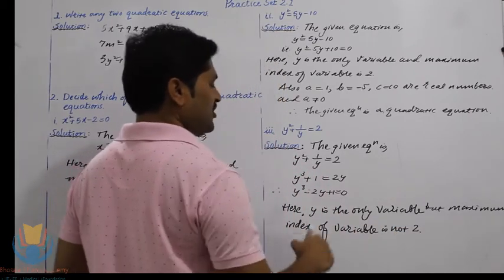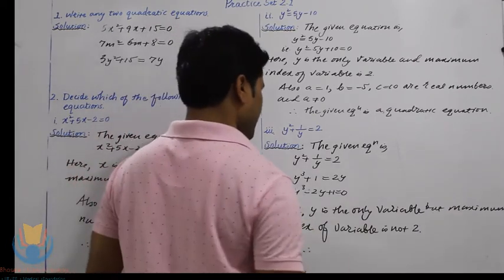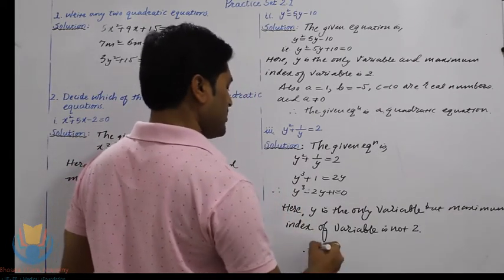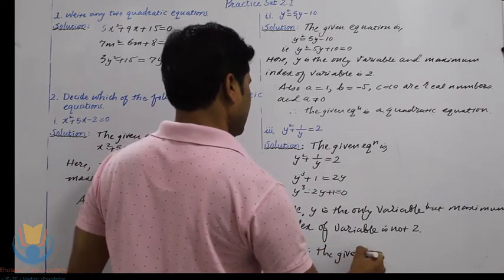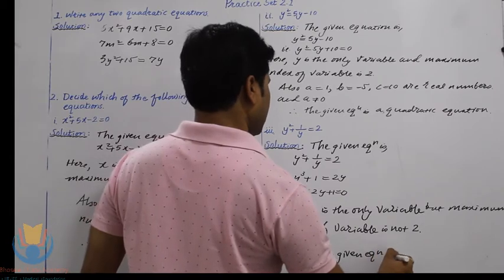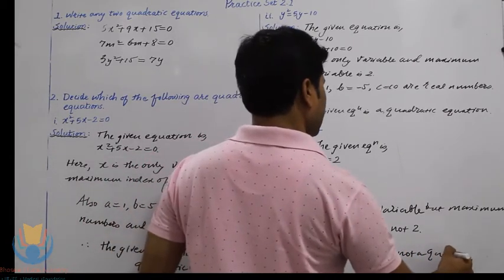Therefore, we don't have to compare the values of a, b, c, etc., as we are unable to compare it. So we will directly write it is not a quadratic equation. Therefore, the given equation is not a quadratic equation.